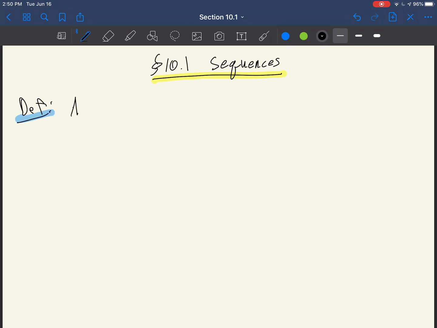What is a sequence? A sequence is a list of numbers written in a specific order.